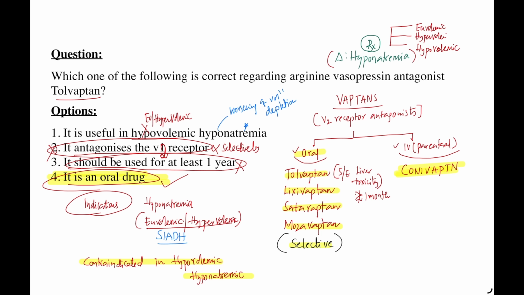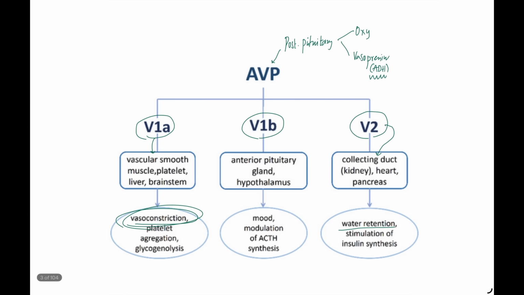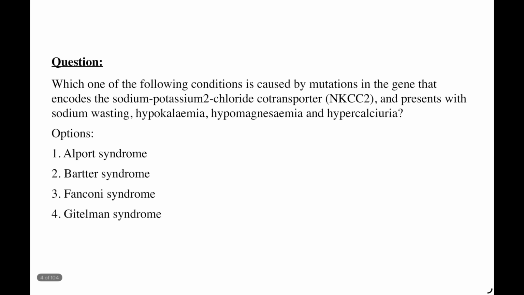This leads to shock and renal failure. So first, chronic vaptan therapy is not indicated because it causes liver toxicity. Vaptan therapy is not indicated in hypovolemic hyponatremia because it causes shock and renal failure. With the help of this question, we were able to cover the complete concept of vaptans and the different receptors that we have.